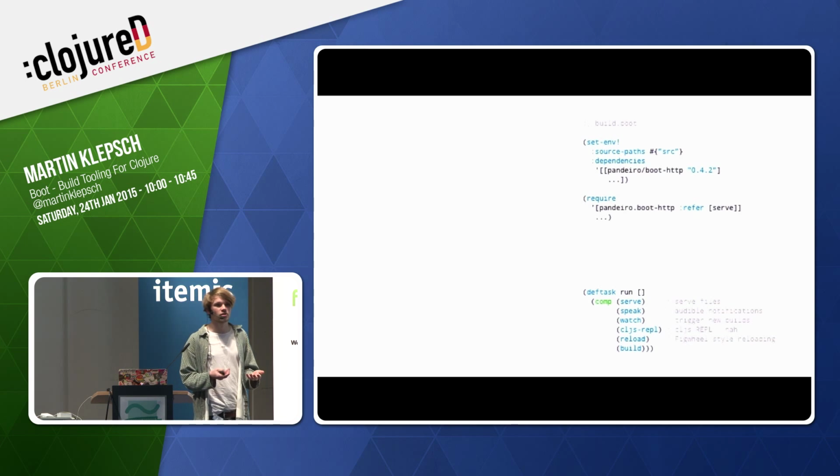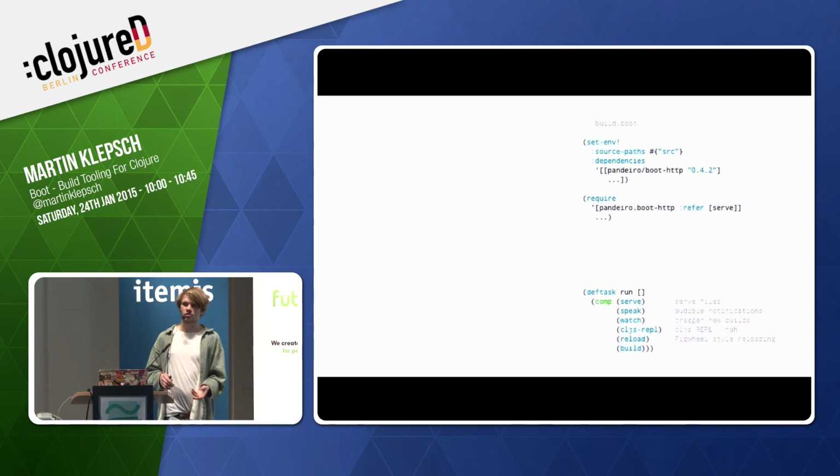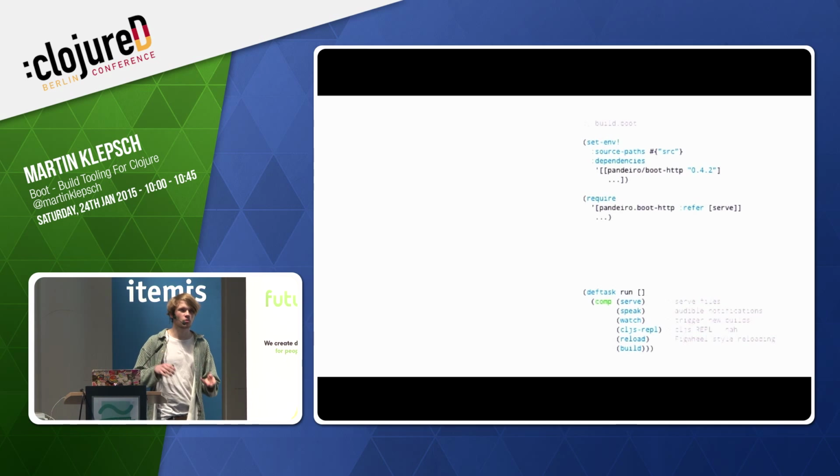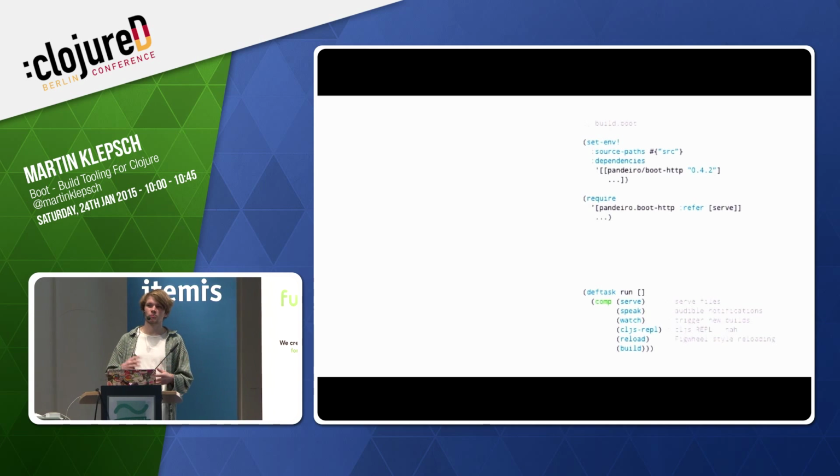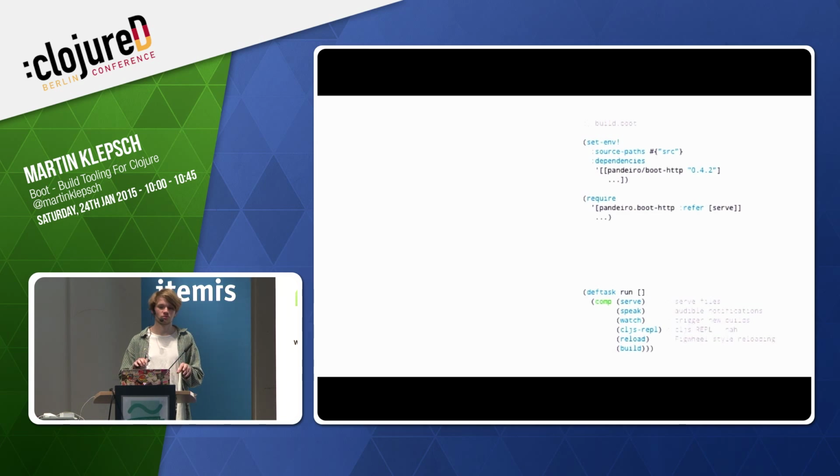You set up a ClojureScript REPL so you can connect with a ClojureScript application live in the browser. You initiate some Figwheel-style reloading, so whenever you change a file on your computer, it is reflected immediately in the browser, and then you eventually build your project.